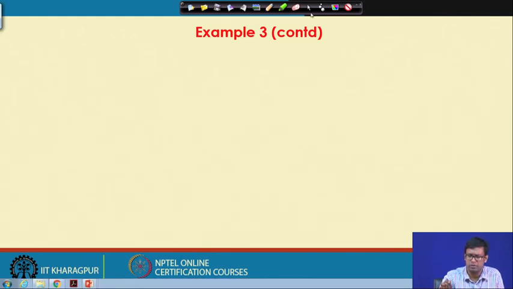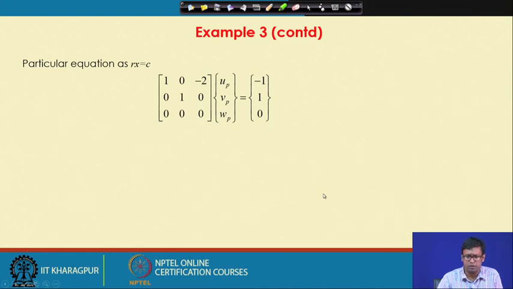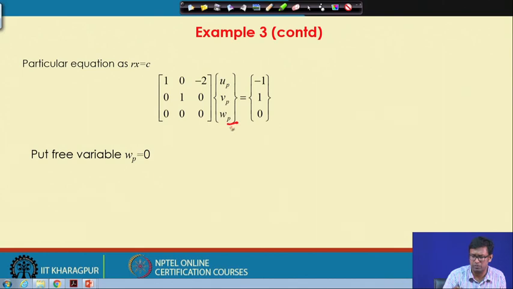and we now try to find out the Rx is equal to C particular solution form. We will discard w, put w is equal to 0. With discarding w, the third column, which w is multiplied with, we can neglect the third column also.